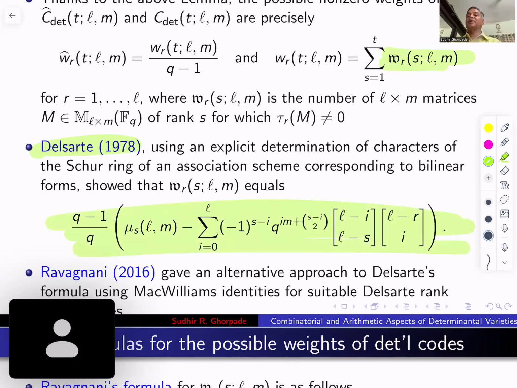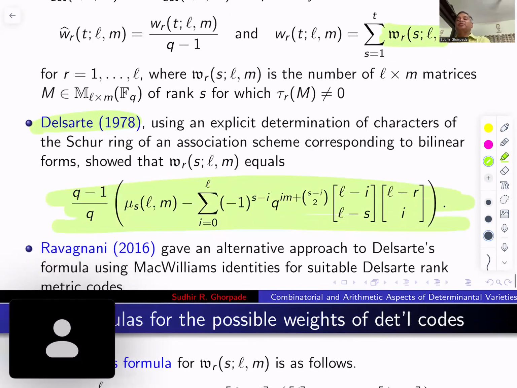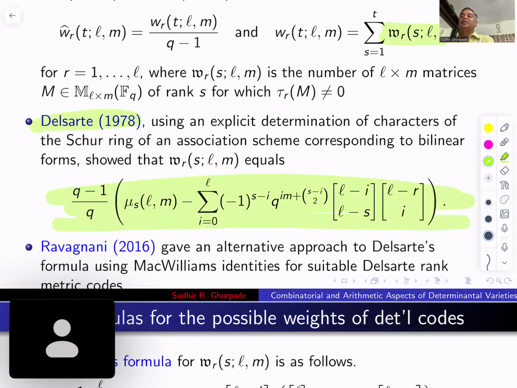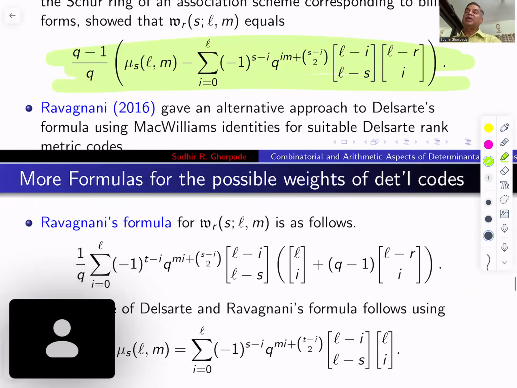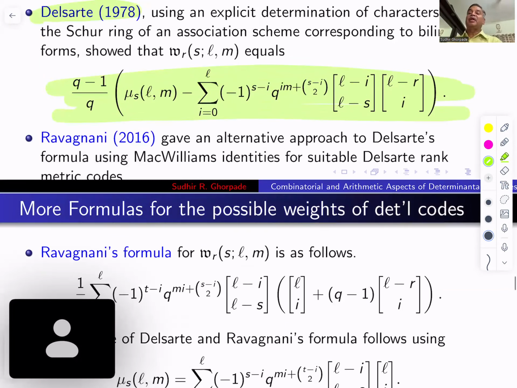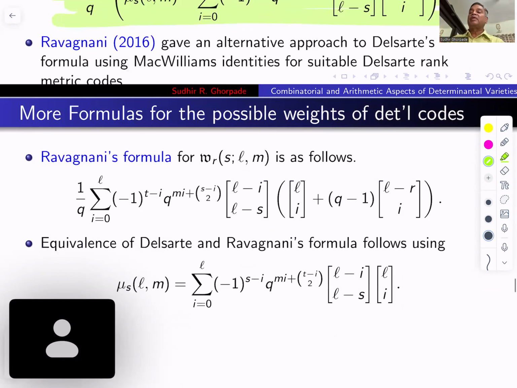It's a rather complicated formula, and later on Alberto Ravagnani gave an alternative approach to Delsarte's formula using what are called MacWilliams identities for certain types of rank metric codes. So this is Delsarte's formula, and this is Ravagnani's formula.